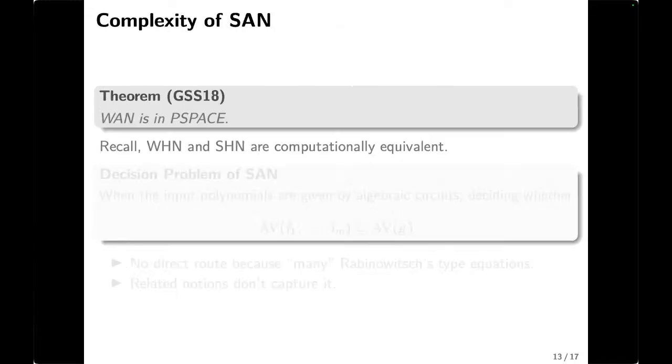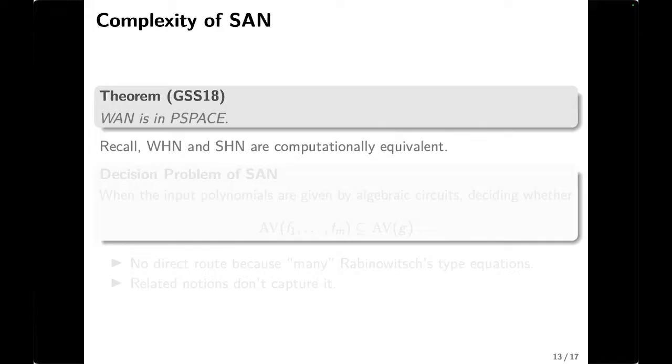Okay. Now I'm going to talk about the computation part. Guo, Saxena and Sinhababu showed that the weak approximative Nullstellensatz, or the APS question, is actually in PSPACE. And as I talked about, they used it to generate efficient hitting sets for some problems in GCT.